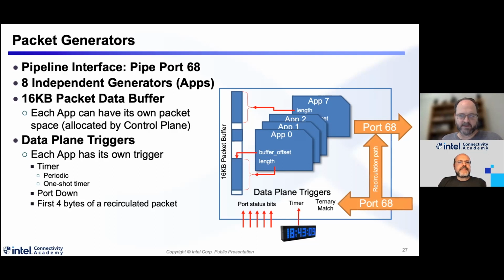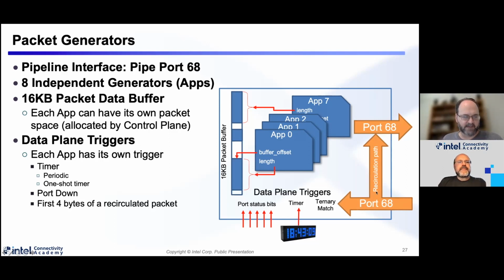Another one is that the ports on which the packet generator hardware exists are also configured in loopback mode. So you can send a packet out of that port, it will get looped back and pass through the packet generator and back into the ingress pipe. While they're streaming through the packet generator hardware, it's watching the first 4 bytes of each of these recirculated packets.